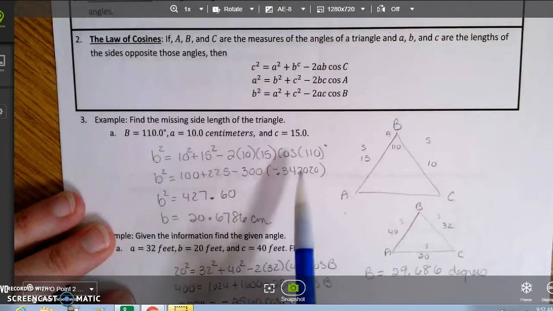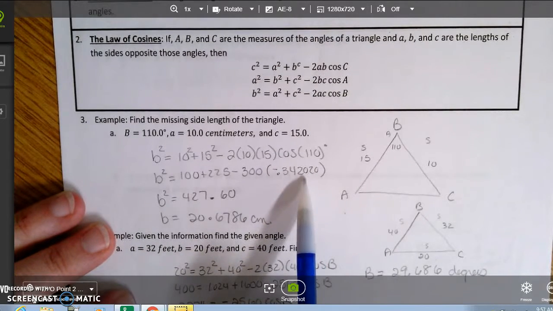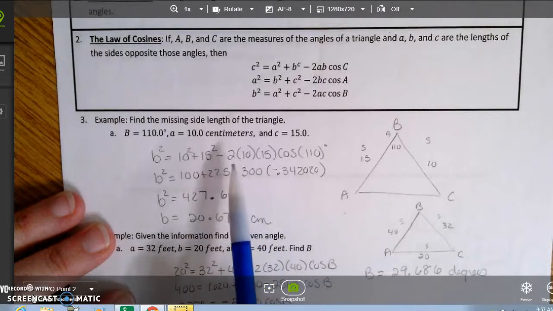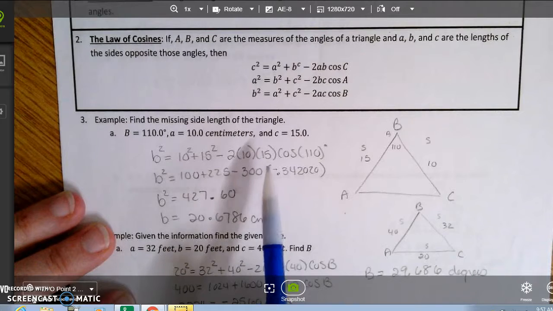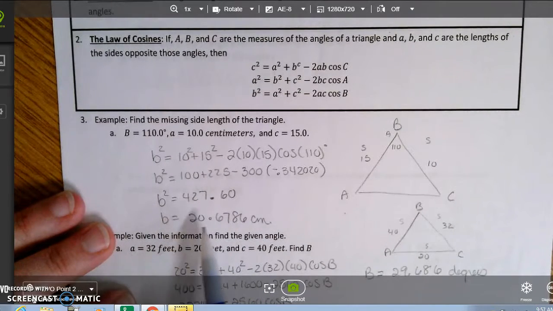Now I need to make sure my calculator is in degree mode because this is 110 degrees. So when I put the cosine of 110 in my calculator, I get this number multiplied by 2 times 10 times 15. Remember your order of operations. And then combine all this together and I get 427, that's B squared, square root.